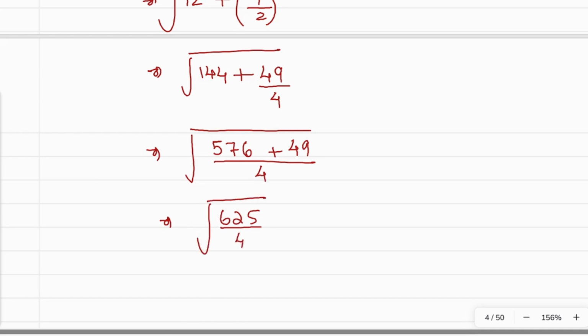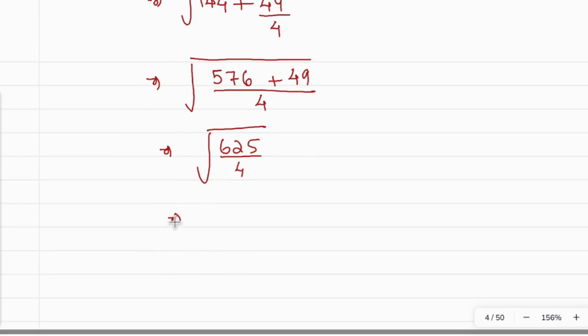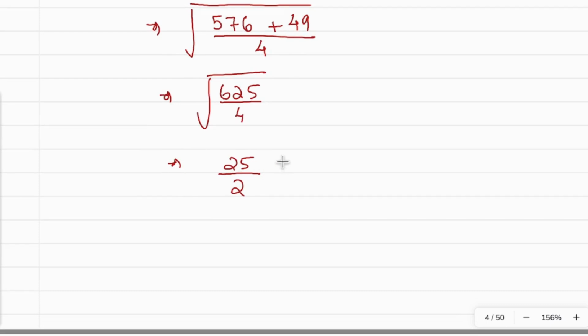I need to find the root of it, right? What is the root of 625? It is 25. And root of 4 is 2. So I got my l equal to 25 by 2. Now this is our slant height, right?